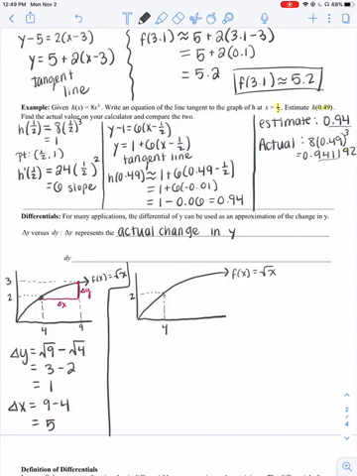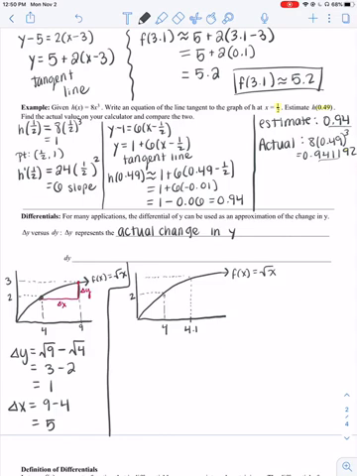So I'm still going to choose 4. Now, instead of choosing 9, let's choose something much closer to 4. So I'm going to choose like 4.1. Okay, something very close to 4. I'm going to sketch it kind of further away, just so that things aren't too squished on the graph. So this is not drawn to scale.